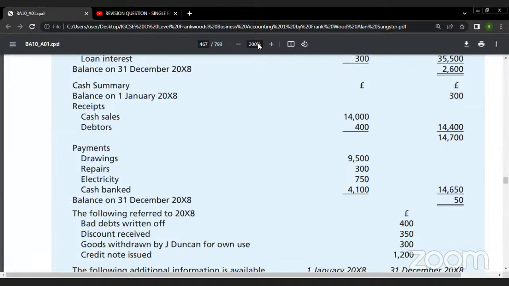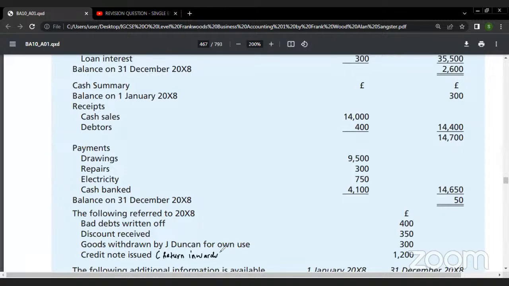Then you also have credit notes issued. Now, these credit notes issued represent return inwards. Your customers return some of the goods, so you issue what we call a credit note.